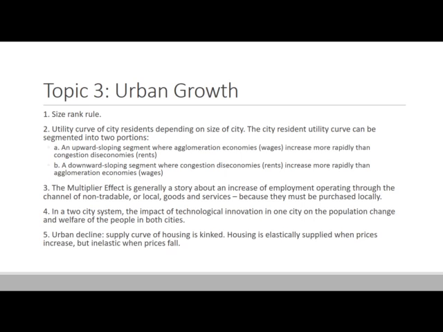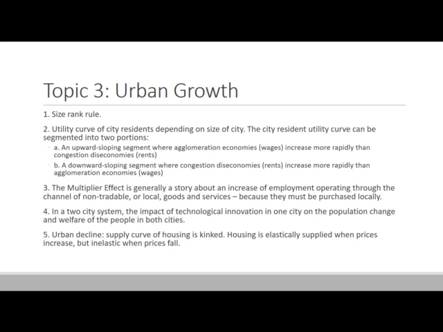The explanation we provided was more or less that the supply curve of housing is kinked. Housing is more elastically supplied when price increases, but when the price falls, it's more inelastic because it's harder to destroy houses, and you always have the stock of houses.